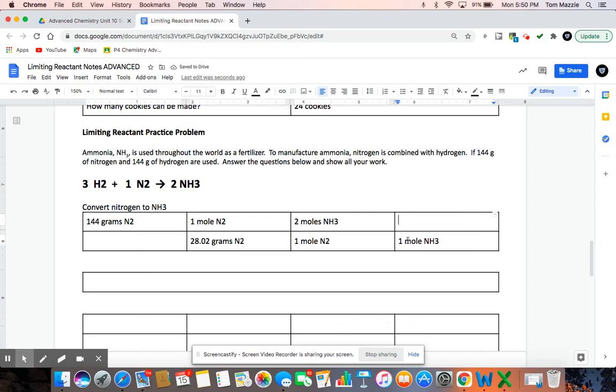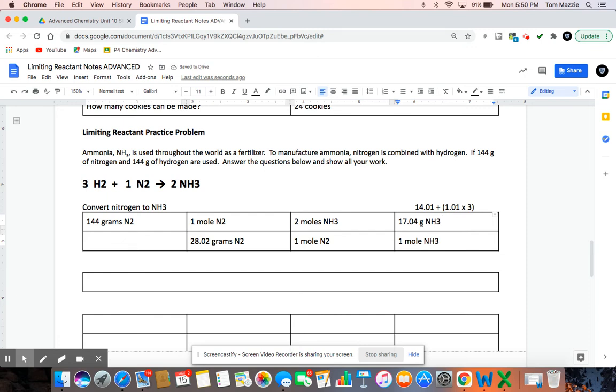To calculate the mass of NH3, it's going to be 14.01 plus 1.01 times 3. That looks like 17.04 grams of NH3.